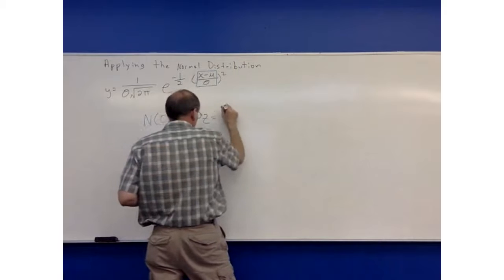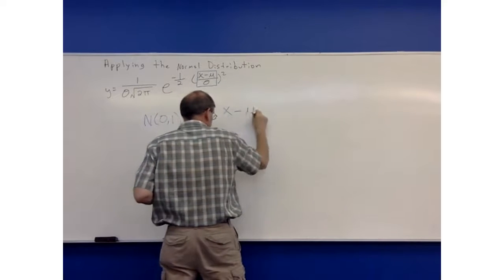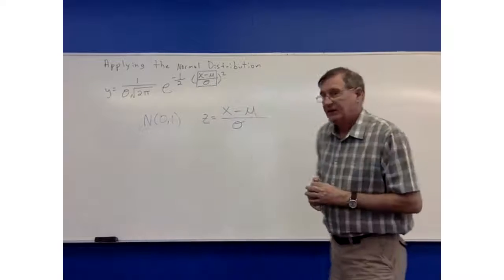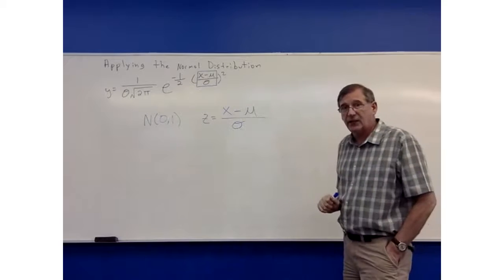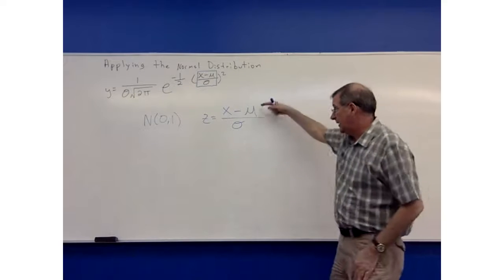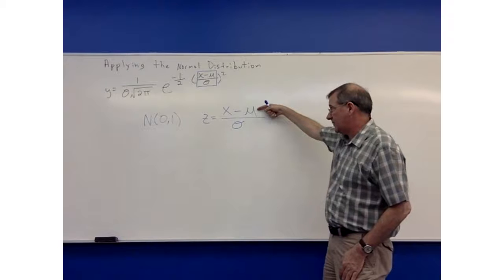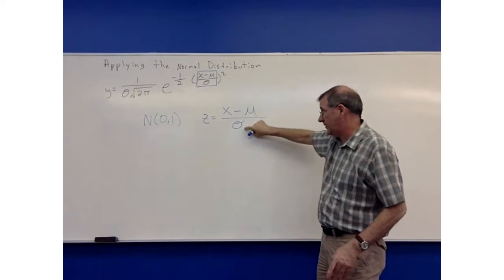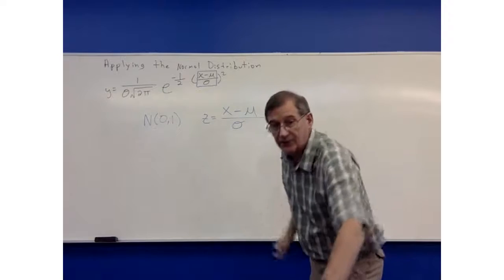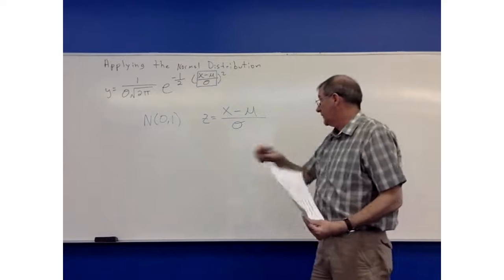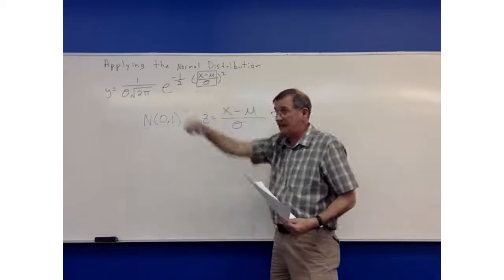Z equals x minus mu over sigma. This calculation computes any normal distribution. You plug in the mean of that distribution here, you plug in the standard deviation there, and you will get z values that are on this table. That will convert it. That piece of that big, nasty equation.